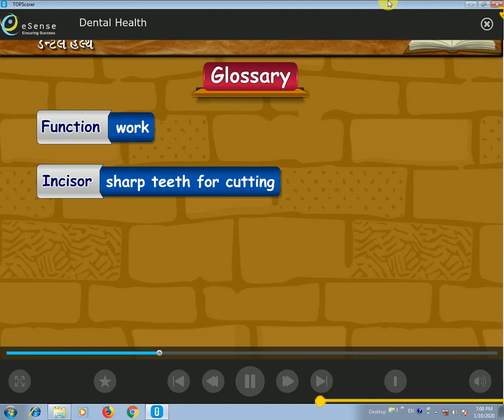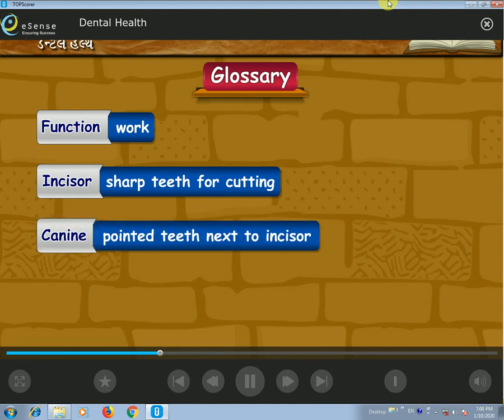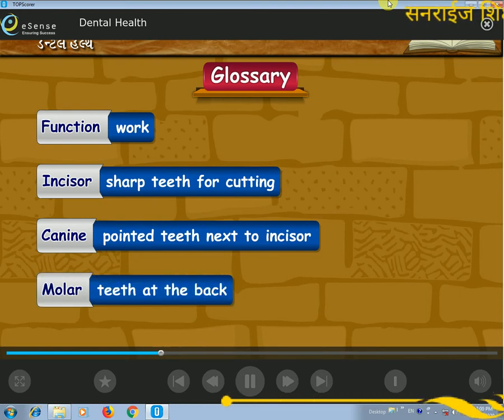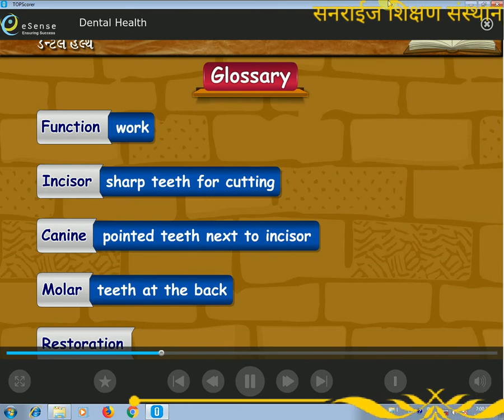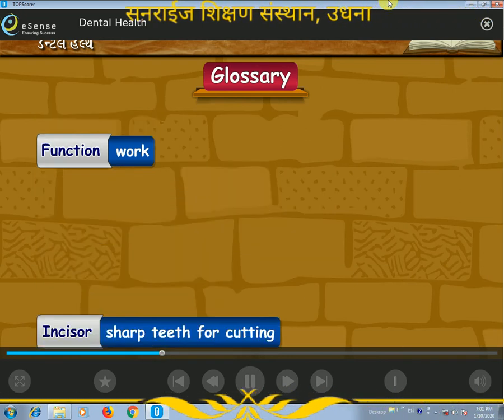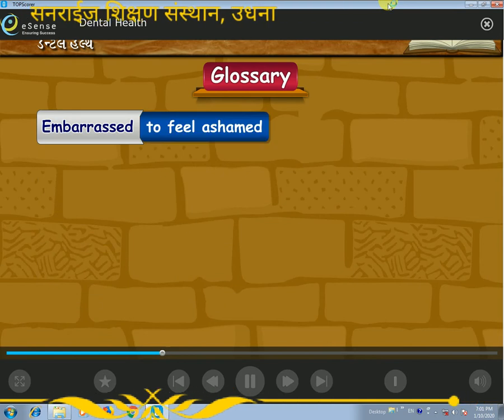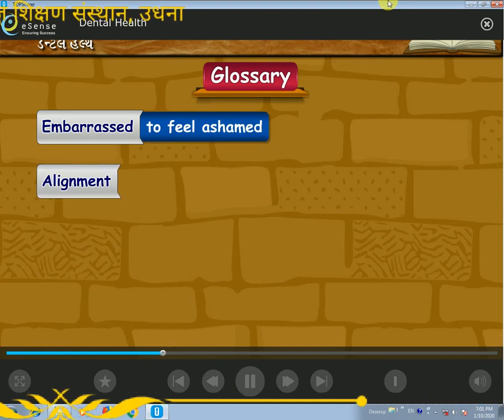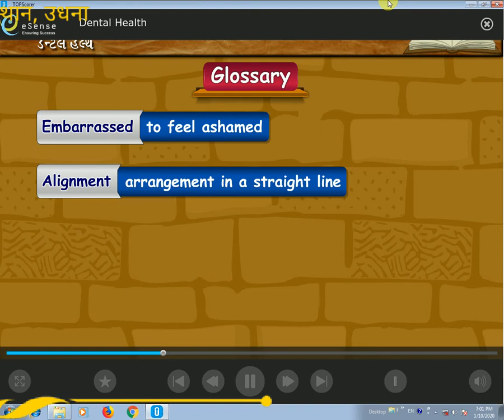Enamel, cover. Coating, layer. Deciduous, temporary. Function, work. Incisor, sharp teeth for cutting. Canine, pointed teeth next to incisor.